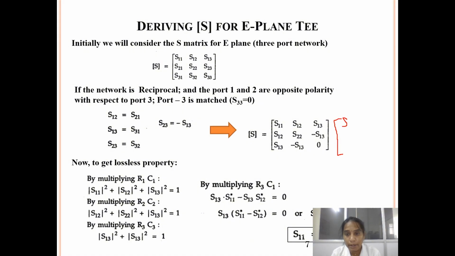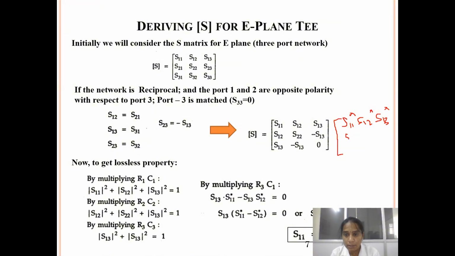So only one row I am doing here, just note it down. S11 conjugate, S12 conjugate, I am making the transpose as well as making the complex conjugate. I have done the two things here. One, I have transposed the matrix rows and columns, as well as I have made the complex conjugate.